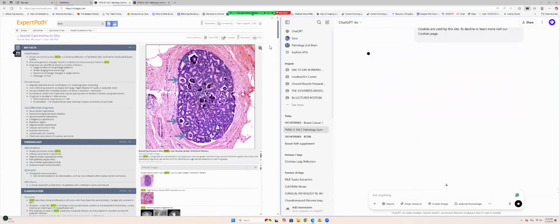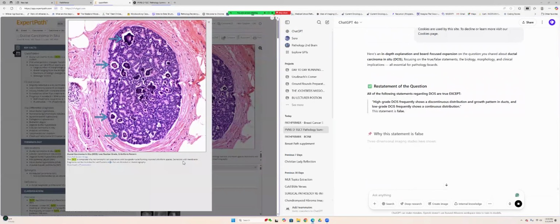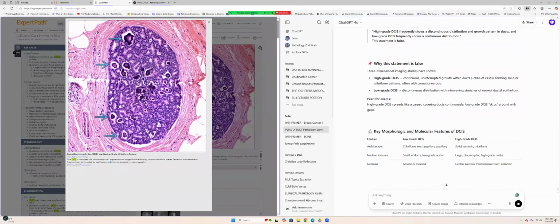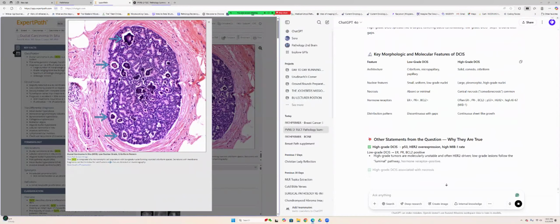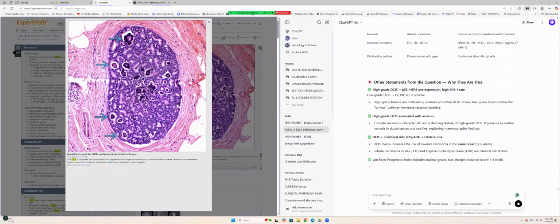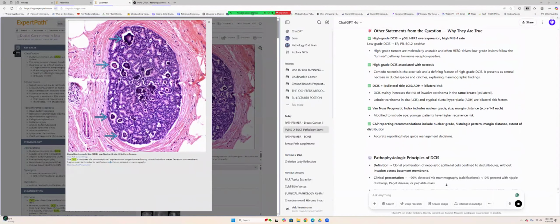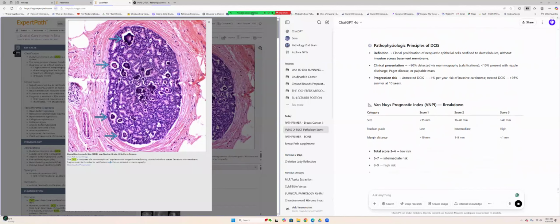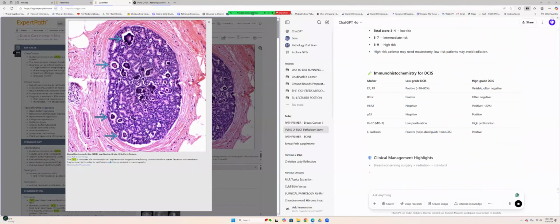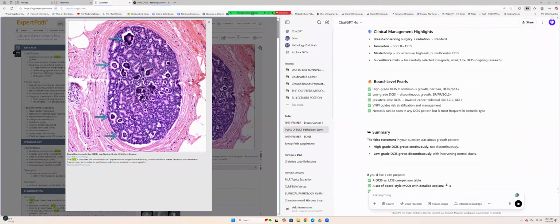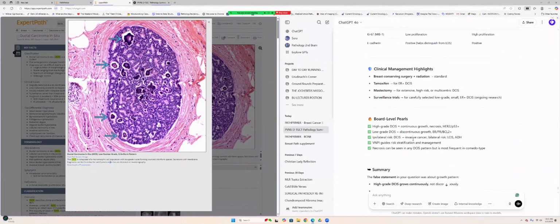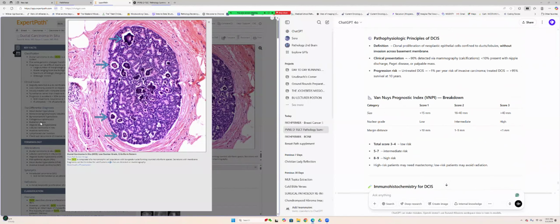Let's look at this. This slide requires us to look at this. I'll look at this very well first before I come back to look at this. This is two. This is two. Let's see.